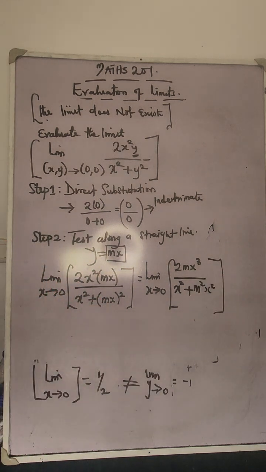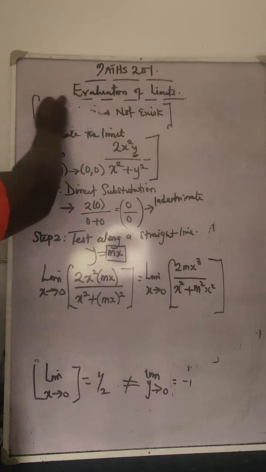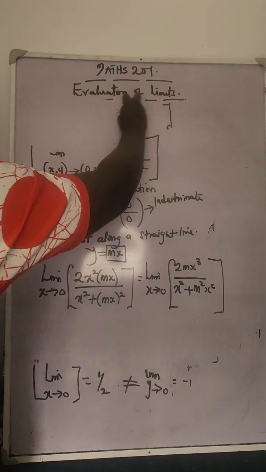Did you see that? And so when you have it like this, what do we do next? Can we factorize this? Let's look at it together.